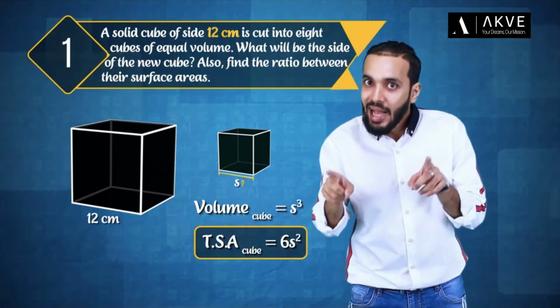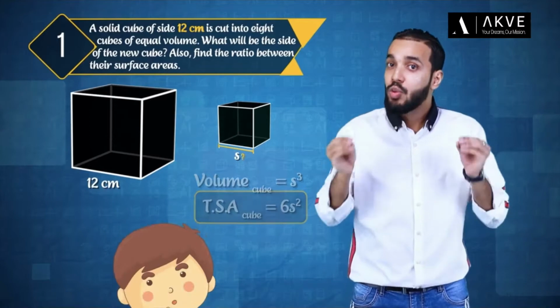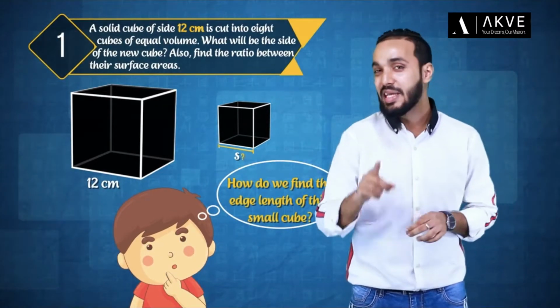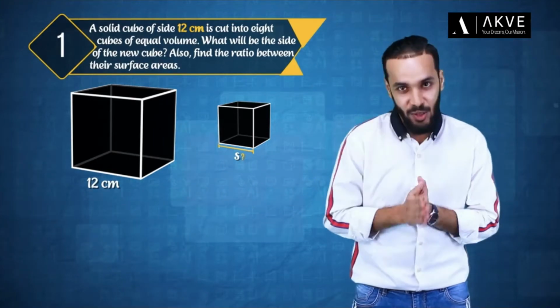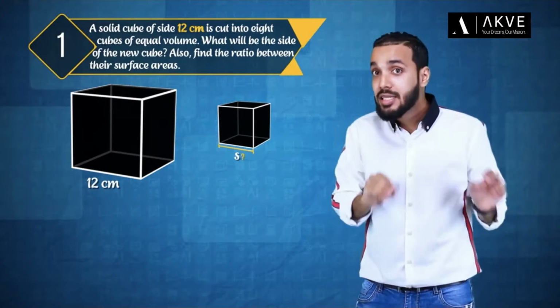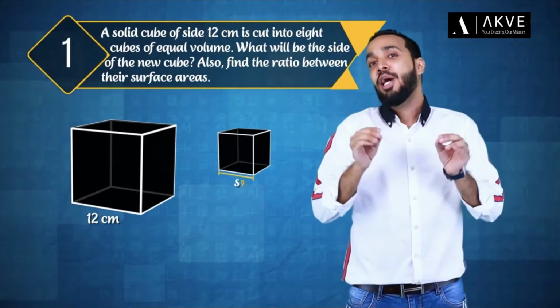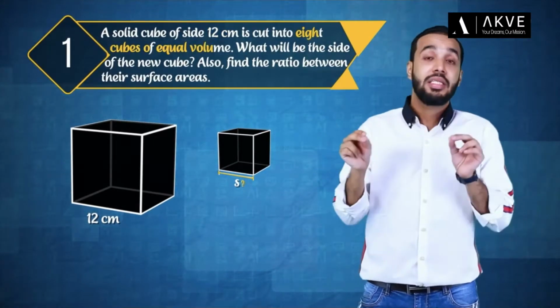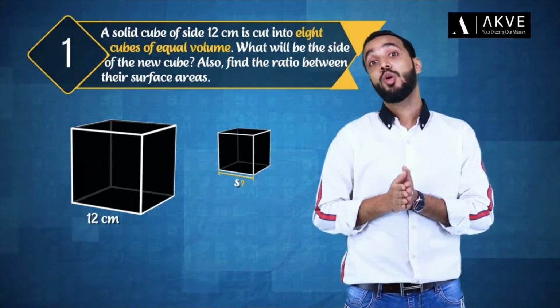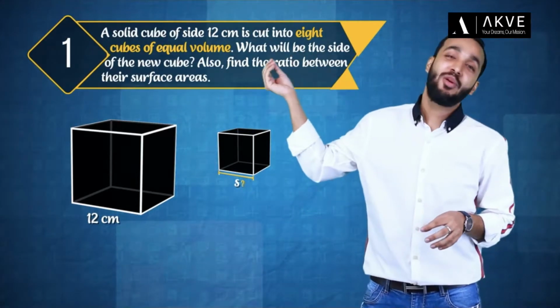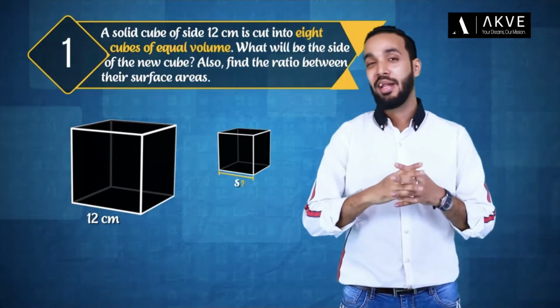So, the actual question is, how do we find the edge length of this small cube? Always let the question guide you. Apart from the edge length of the big cube, the only other information that's given is that the big cube is cut into 8 cubes of equal volume. Thus, 8 cubes of equal volume is surely our hint.